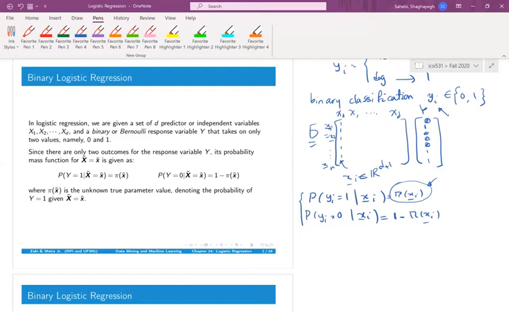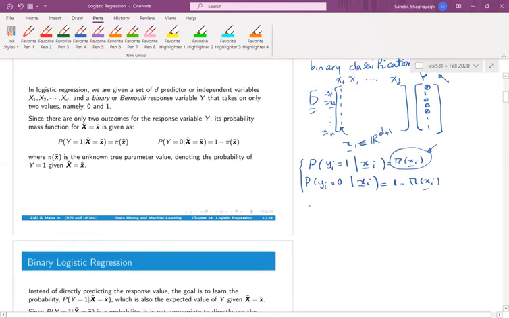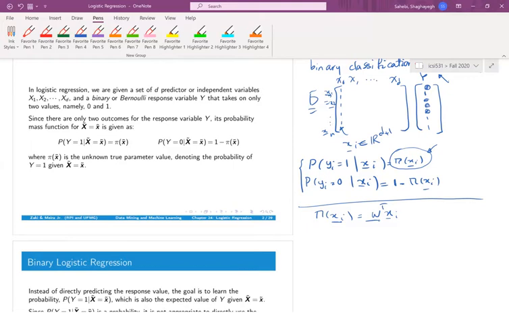So the first thing that comes to our mind is to say that pi of xi is a regression function: pi of xi is equal to w transpose xi. And then I'm going to find the w's that do the job, and we are going to be okay with it.